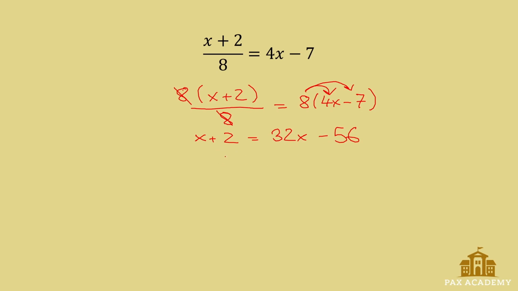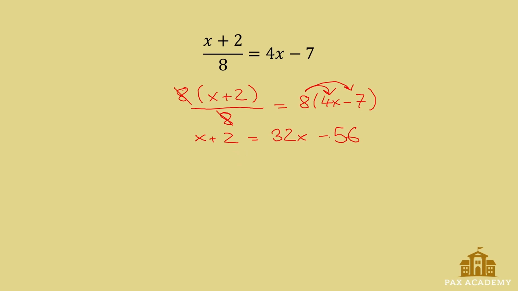So again, now we have x terms and we have number terms. So again, we need to get the x terms on one side and the number terms on the other side. Remember, we prefer positive terms on each side. So in this case, because we have a minus 56 here, we're going to want to put this minus 56 on the other side, right? Because we know it changes sign as well.